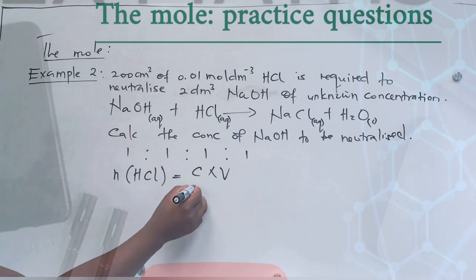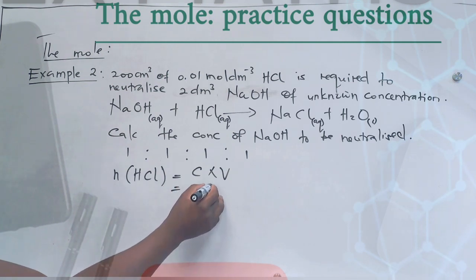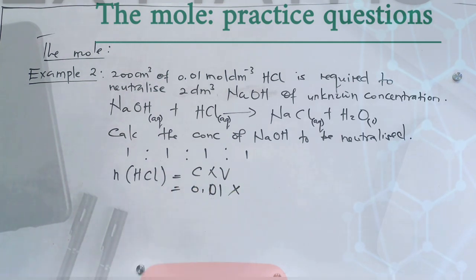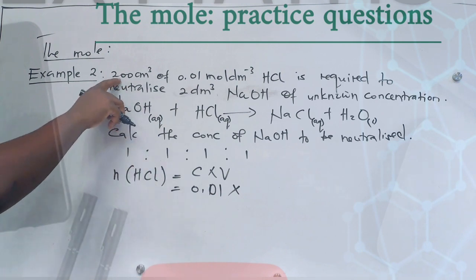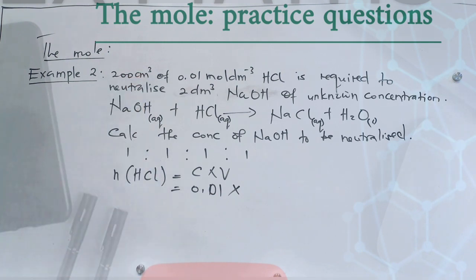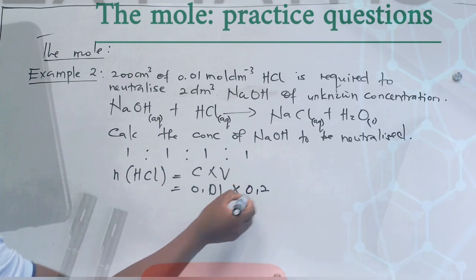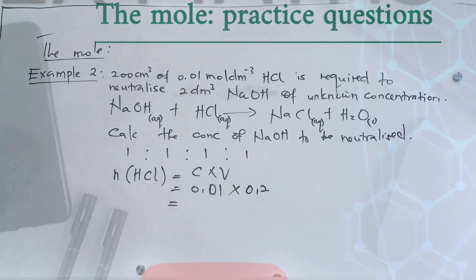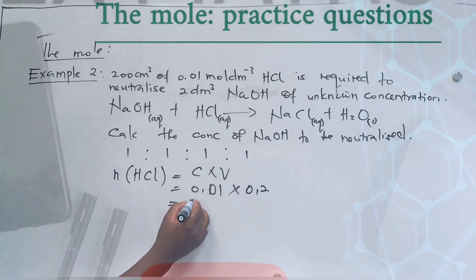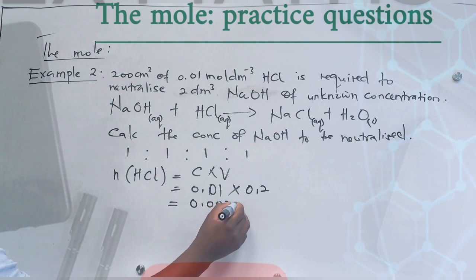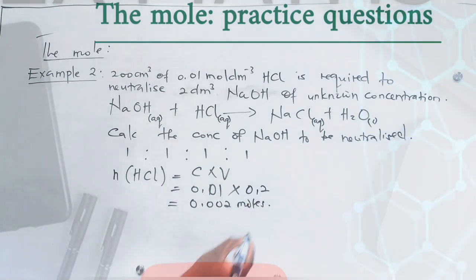Our concentration is 0.01 multiplied by our volume. It's 200 cubic centimeters, but we need to convert it to cubic decimeters by dividing by 1000. Then we get 0.2. Then our answer, we get 0.002 moles.